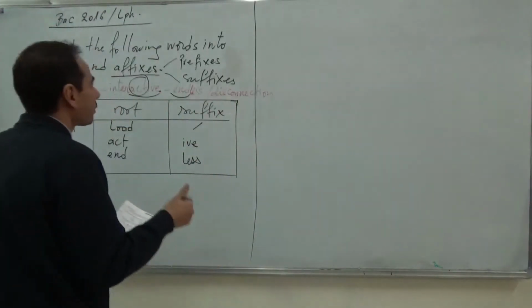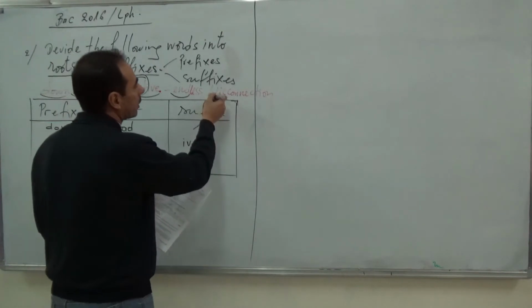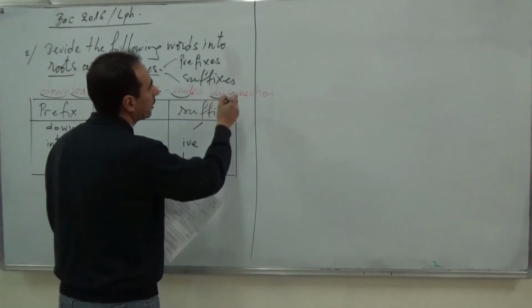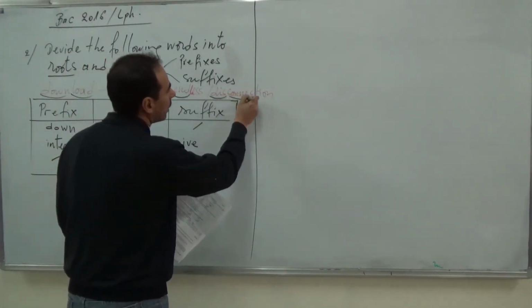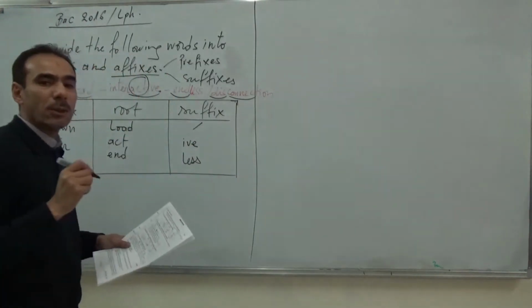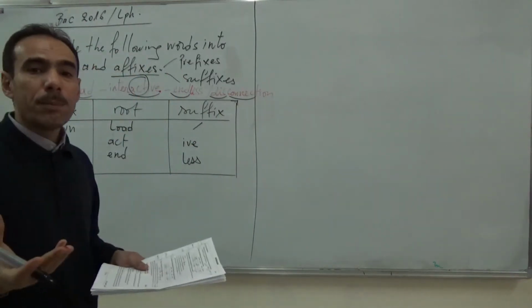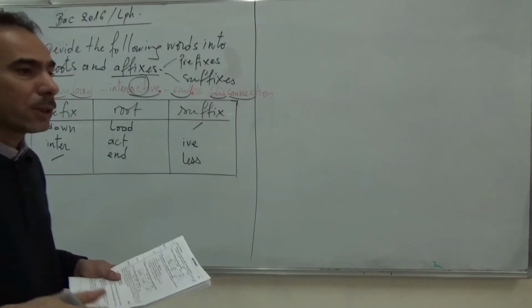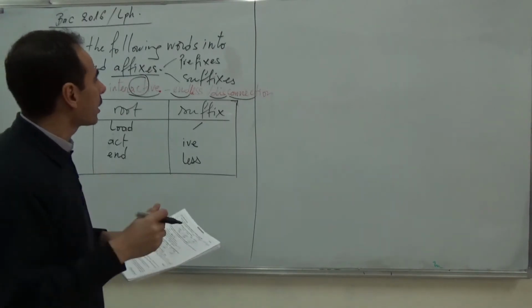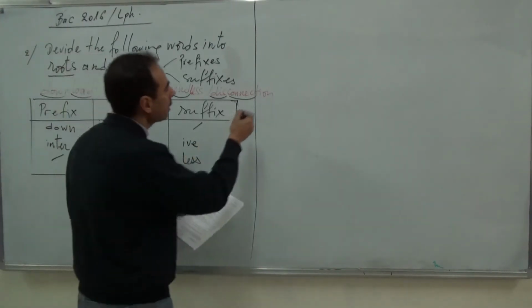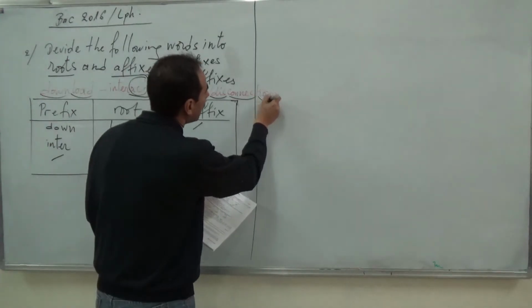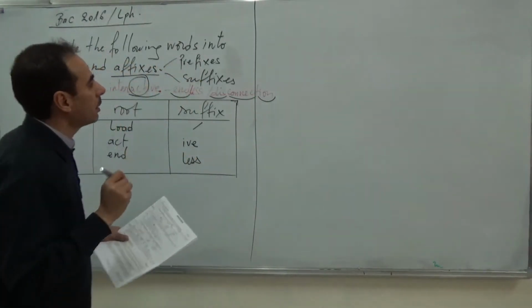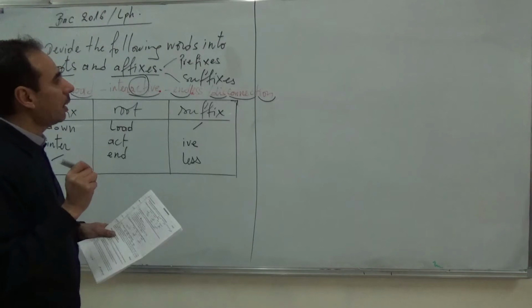And the last one, disconnection. As we have seen in class, with the use of prefixes de and dis, which are prefixes of negation as well, and we have the suffix ion.